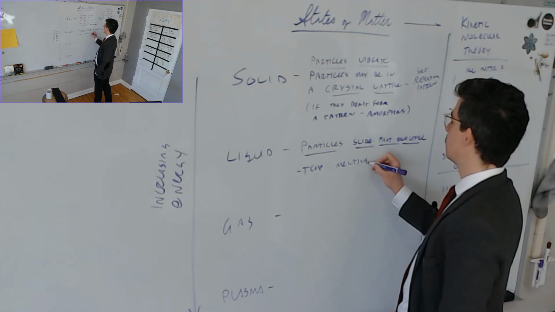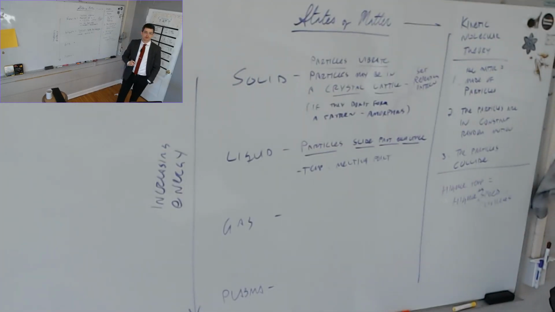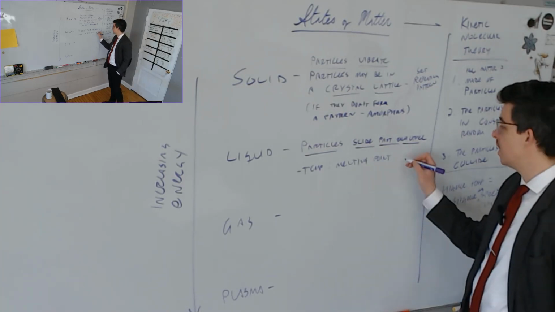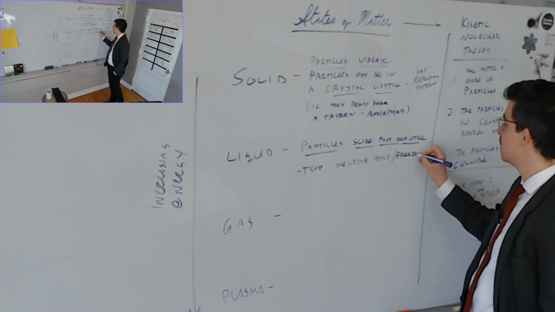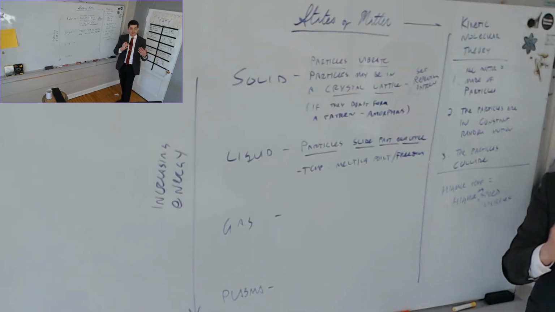Now get this. The melting point in degrees Fahrenheit, you know what it is for water? Yeah, it's 32 degrees Fahrenheit. That's also the freezing point. Did you know that? It's both. It's the melting point. It's also the freezing point. So at this temperature, water exists as both a liquid and a solid. In fact, a slush.